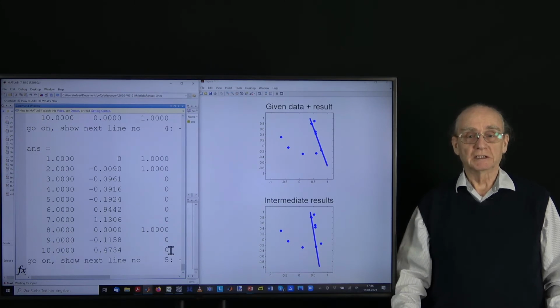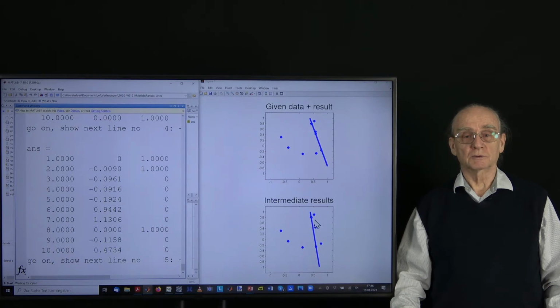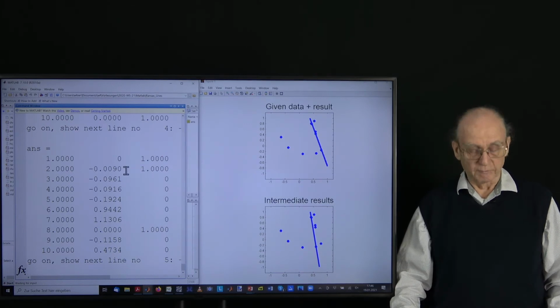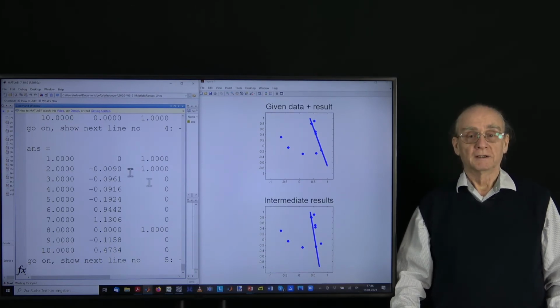Same situation here. We have here 2 points which are very close to each other, which you might not see. So 1, 2 is here, and this is the outlier point, so it takes one of those, the first one, and this outlier point. Of course, the second point, which is very close to the first point, will be an inlier, so we get here a small residual of 0.009.